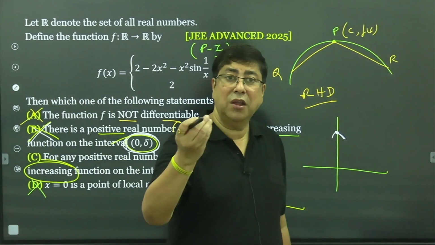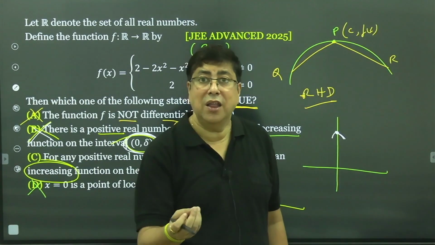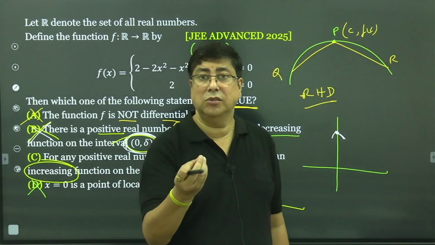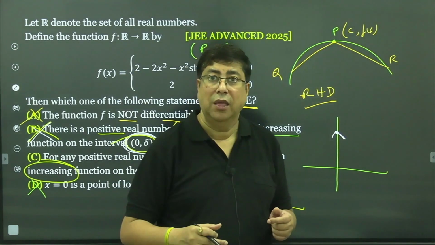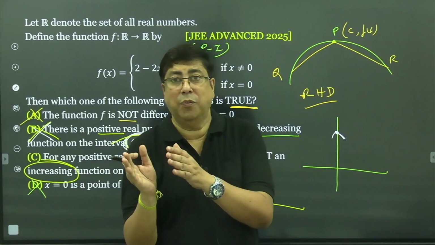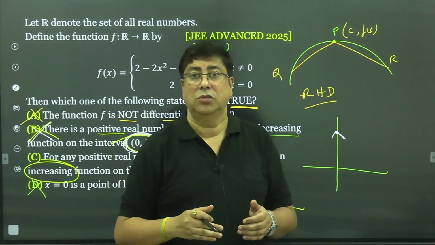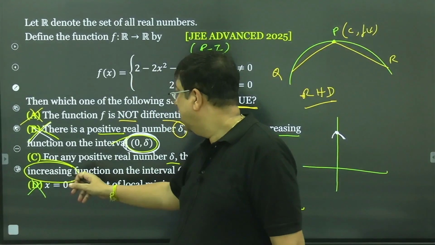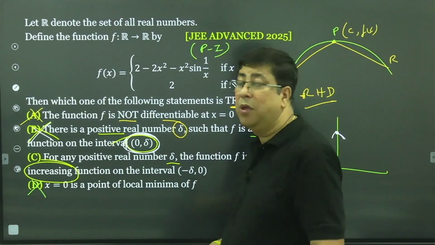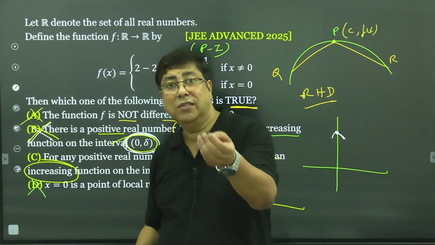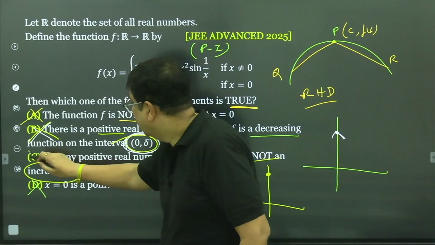What delta will we take nearer to the value of 0? Suppose 0.00001. Then cos of 1 by x will be so high, and in this region, 0 to that portion, there are so many cycles of the cos. So it is increasing or decreasing, it does not matter. The function is not increasing because we cannot determine whether it is increasing or decreasing. So according to the question, C is the right answer.